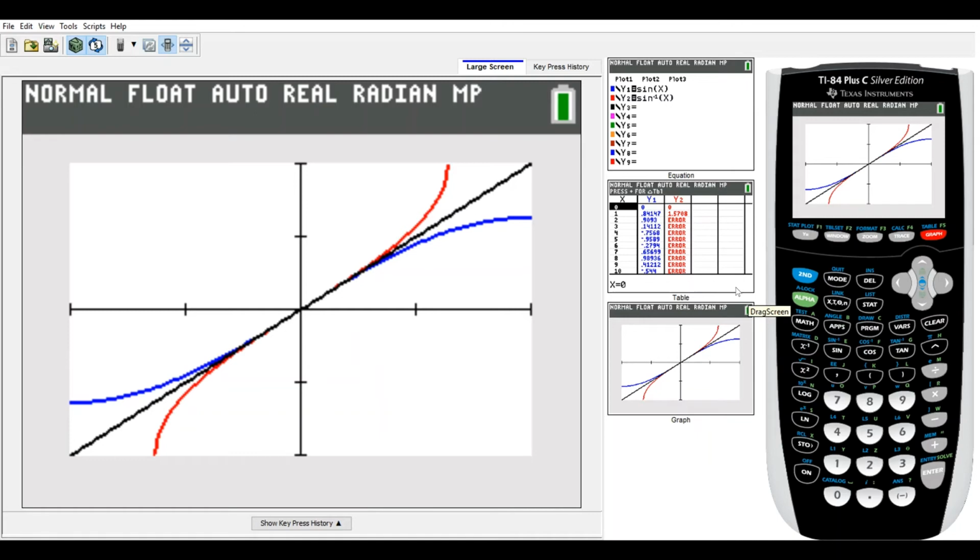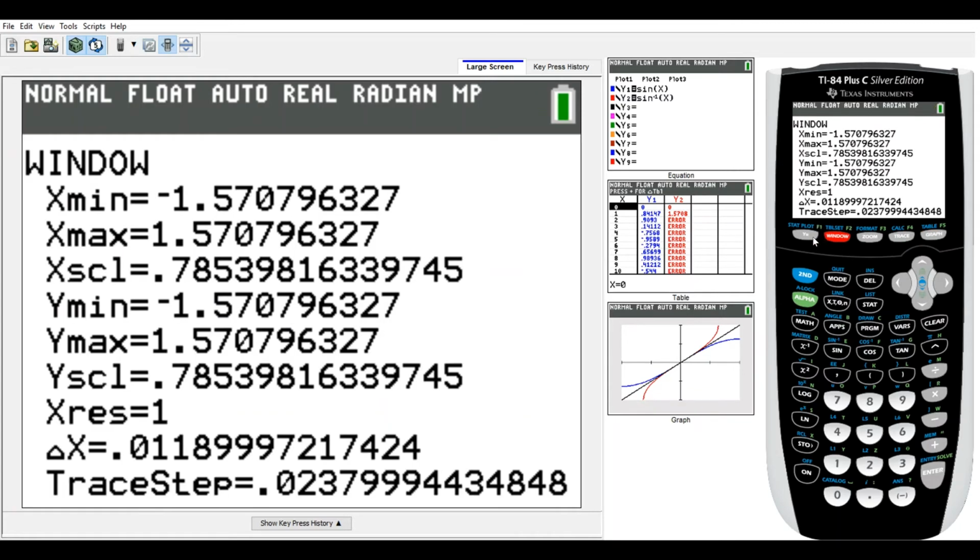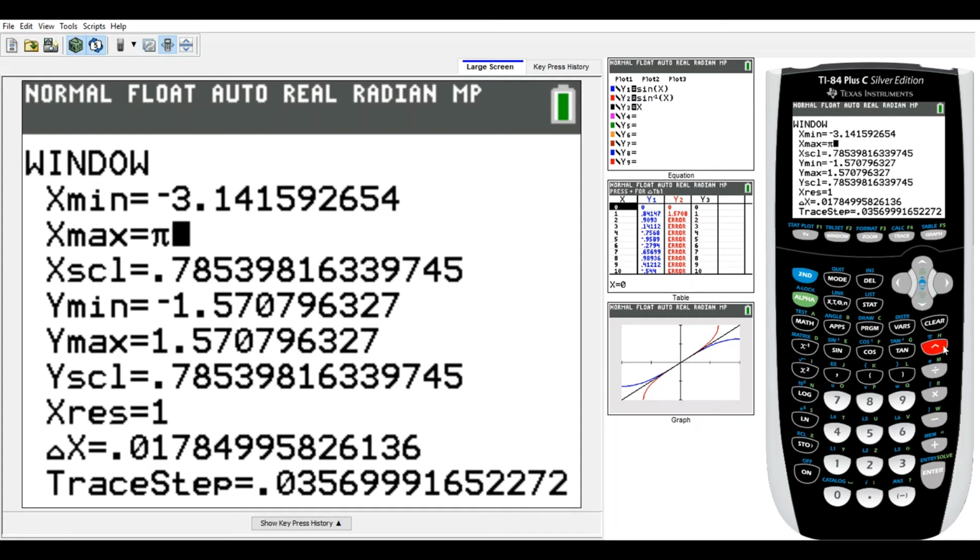And if you zoom out, you'll actually see that restricted domain. You can actually already see it in my table. Let's zoom out just a little bit. Let's go in the x direction, let's just make it minus pi to pi. I'm just doubling it.